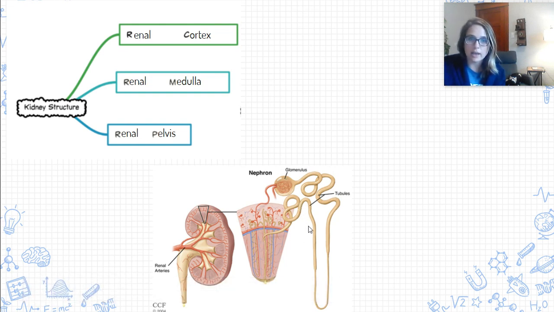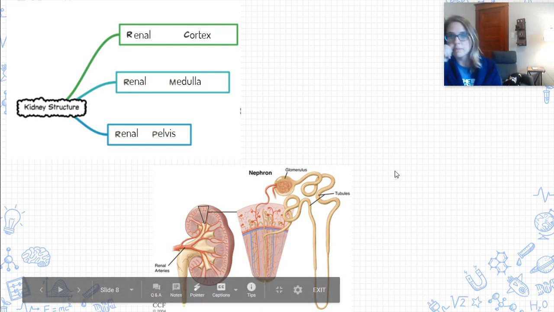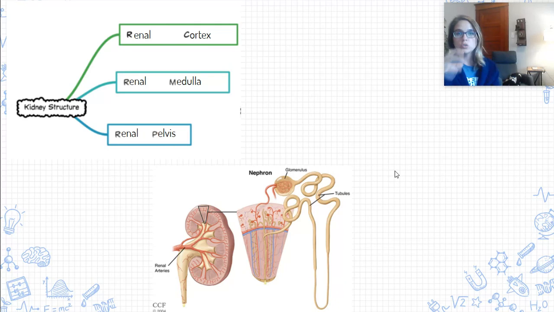So this whole yellow kind of twisty tube is called the nephron, and the majority of the nephron tubules are going to be clustered above in the cortex region. And then you've got this one loop that drops down. It's long and skinny, and that makes up mostly the renal medulla.